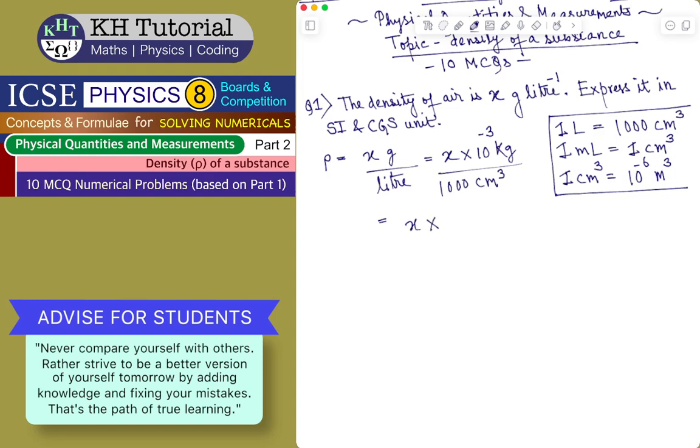So this is x multiplied by 10 to the power minus 3 kilogram divided by 1000, which means 10 to the power 3, times 10 to the power minus 6 meter cube, since 1 centimeter cube is equal to 10 to the power minus 6 meter cube.